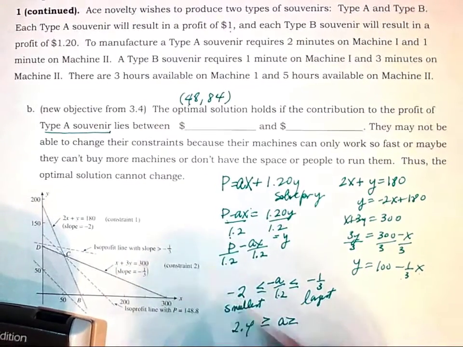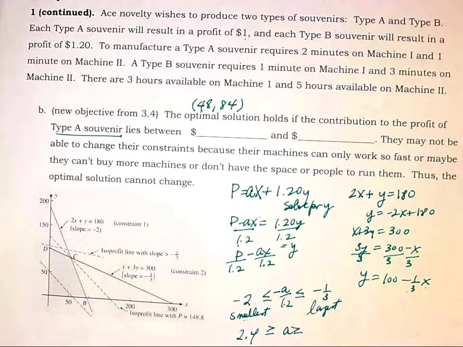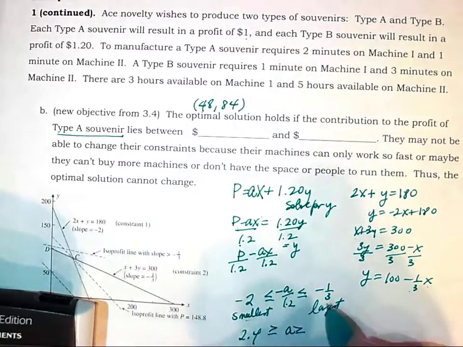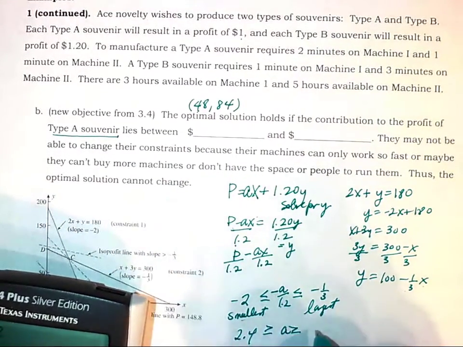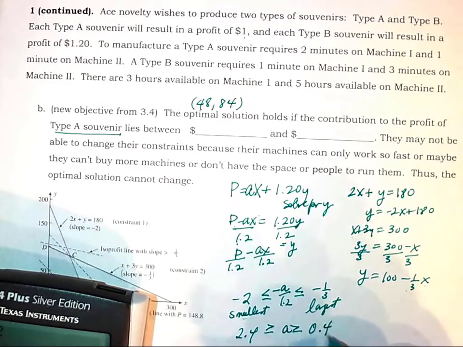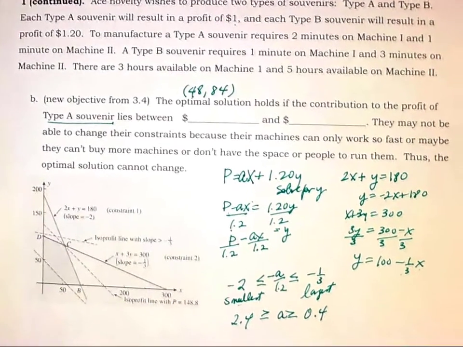And it's positive because negative negative is positive. And then finally, we've got negative 1/3. Make sure you put that in parentheses if it's a fraction. Times the 1.2. And I didn't multiply by negative here, but it is two negatives multiplied together. So that's actually equal to positive 0.4.